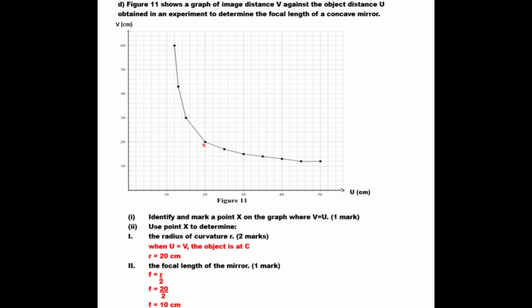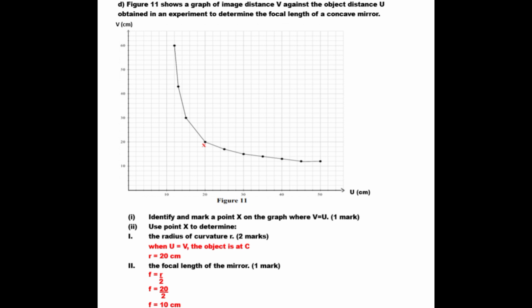You realize that V equals 20 when U is also 20. So X will be on that part of the graph. That is the point where U and V are 20, because that's the point where the two are equal.